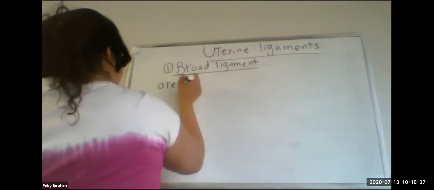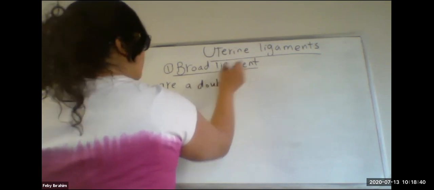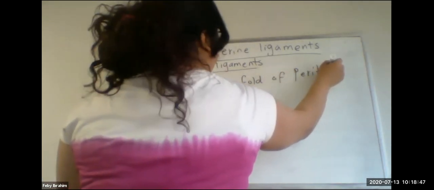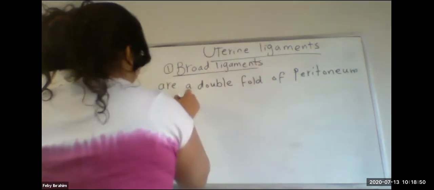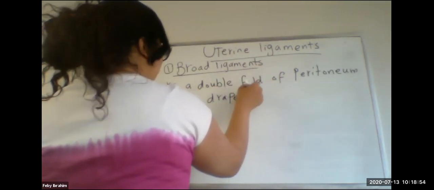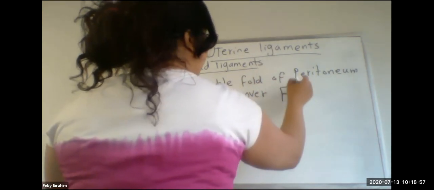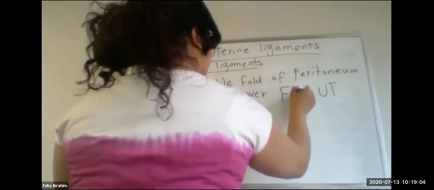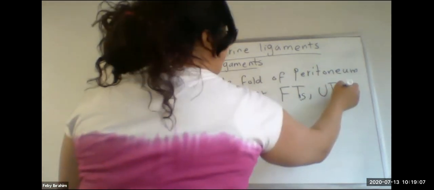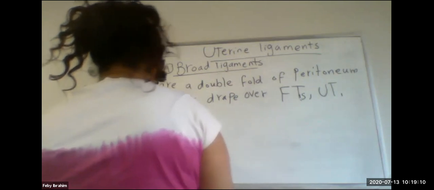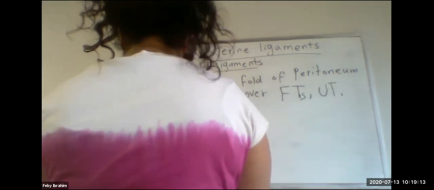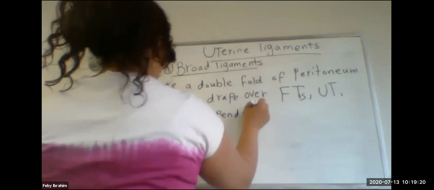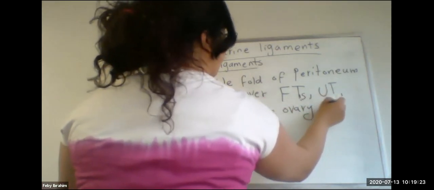Broad ligaments are a double fold of peritoneum that drape over the fallopian tubes, uterus, and suspends the ovary posteriorly.